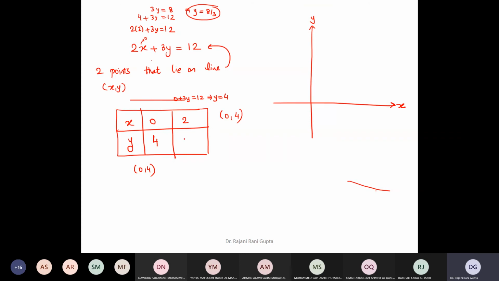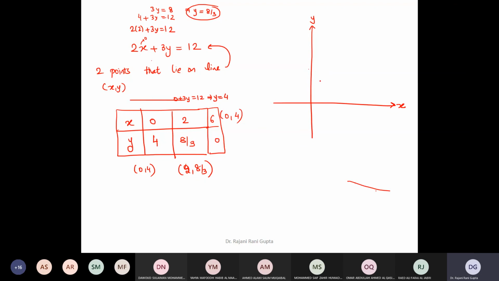This is not wrong, but the easiest way is, if I put y equal to 0, I can directly get x equal to 6. So it's up to you. Use any method to find 2 points. The main purpose is to find 2 points so that you can join them and get the line.